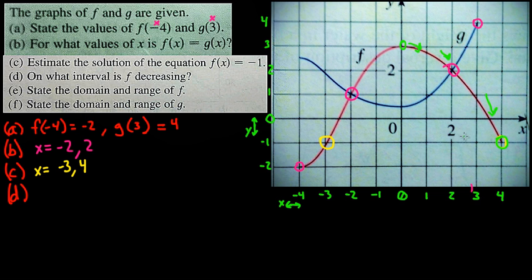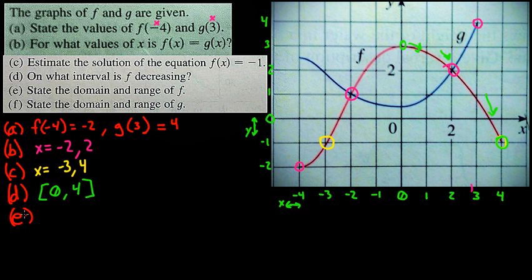Now you might say it starts decreasing at 3 and then goes down to negative 1, but for this notation we're using the x values. So the x value is 0, and then it goes to 4. So on what interval is f decreasing? We've got 0 and 4.